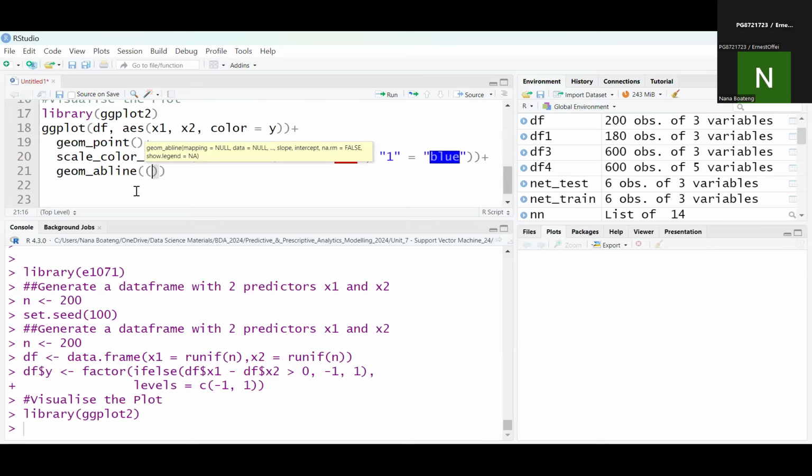Remember that x1 is equal to x2, so the slope is equal to 1, and then it starts from our intercept.